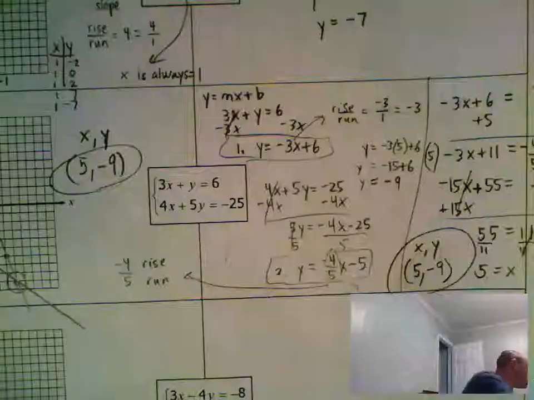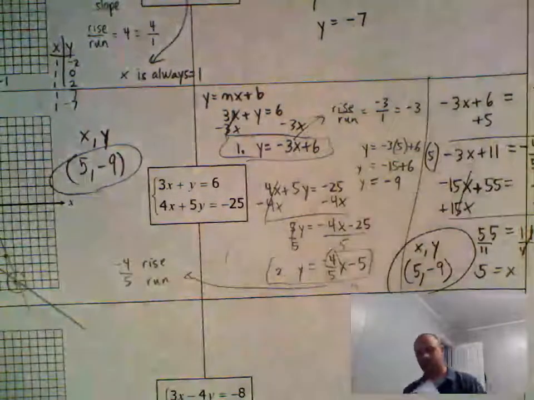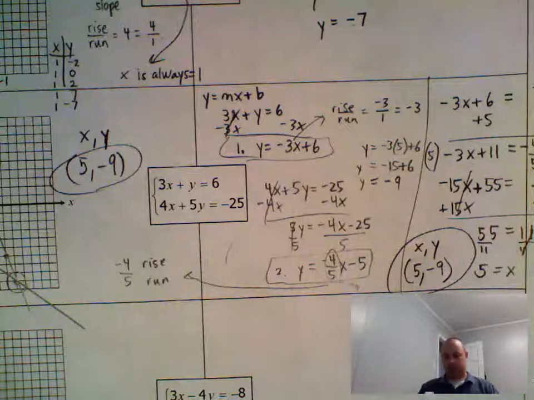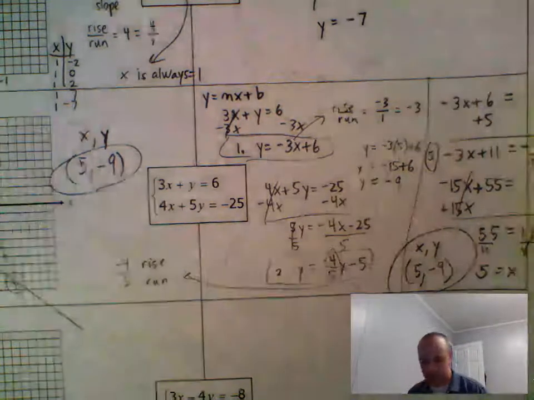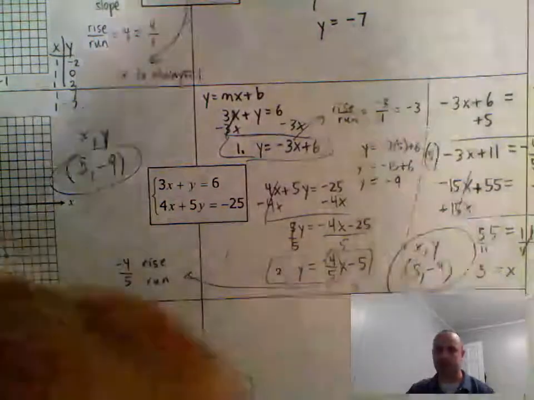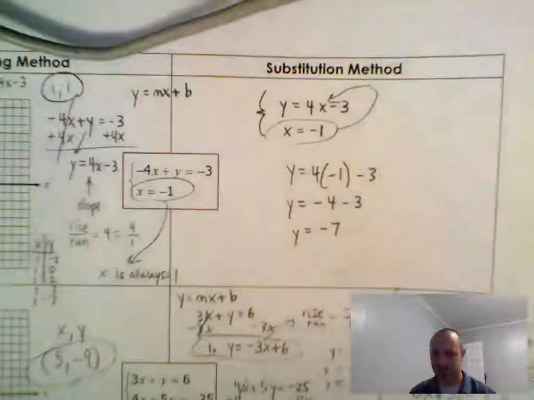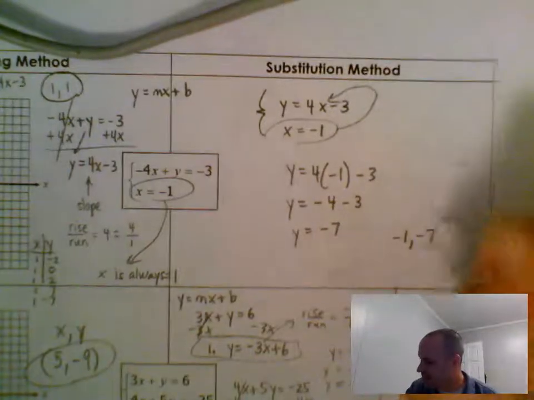Let me just real quick, before you guys leave, let me just check that first one. Okay. So it looks like I did this side right. When we got to this first one, the answer was negative 1, negative 7.